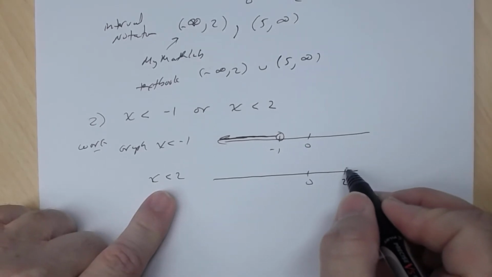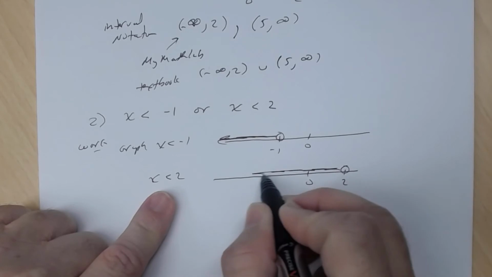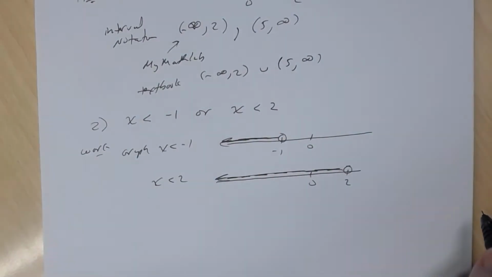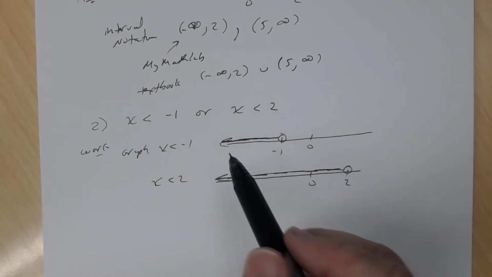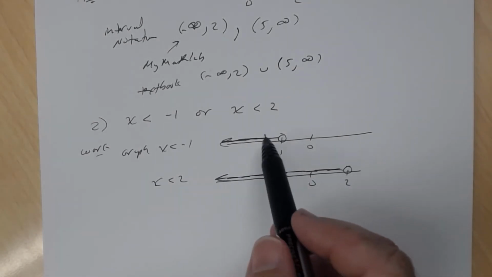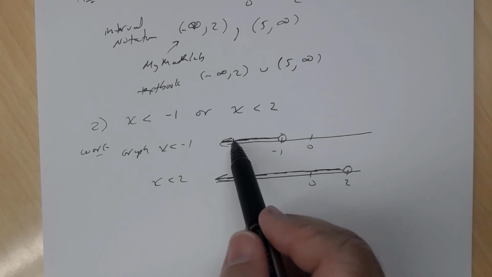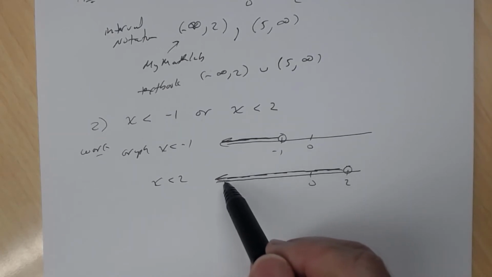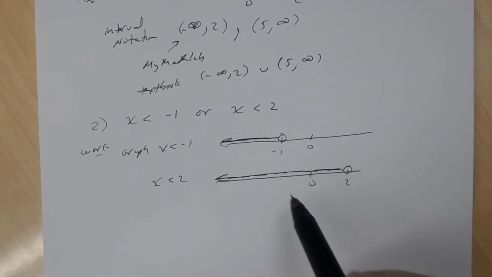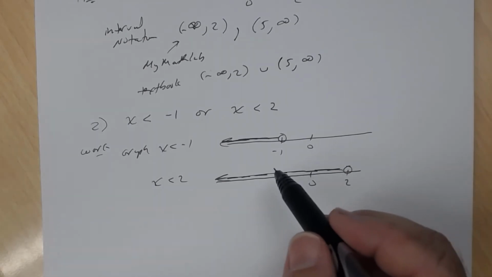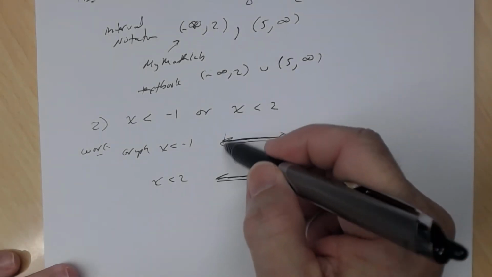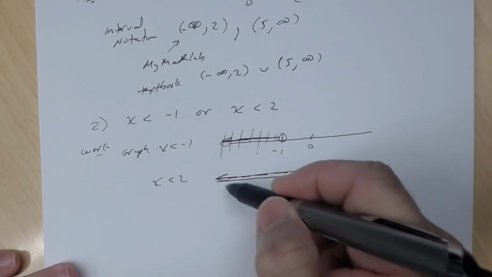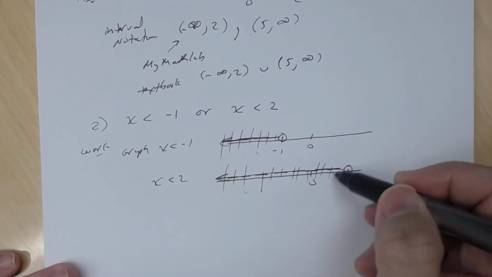So we open circle to the left. Okay, now remember, this is a union. This is an OR statement. So anything that's a solution here, or anything that's a solution here, is a solution to the compound statement. So remember, anything shaded is a solution.